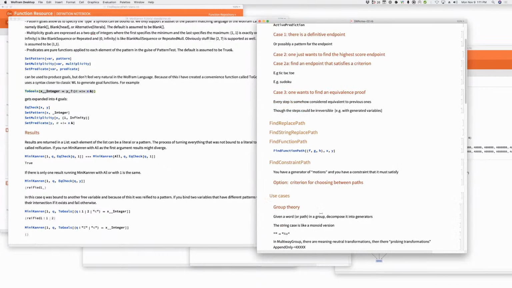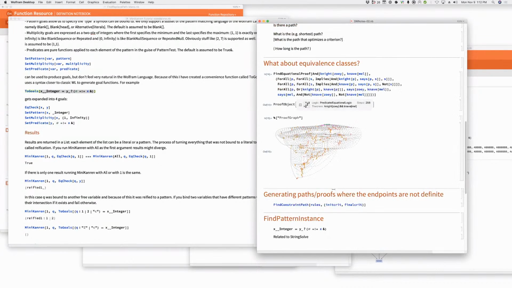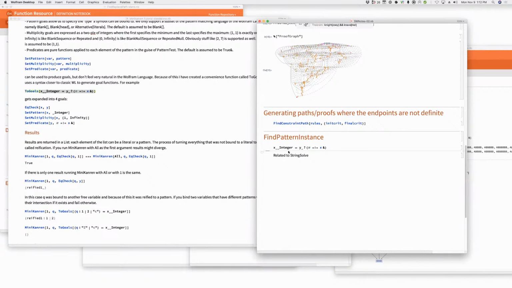There's a whole class of problems where you apply this function, this function, this function, and you're trying to get to this place. And then there's something where you say, given these two patterns, what is their overlap, basically? To me that is slightly different; that would be something like PatternSolve.